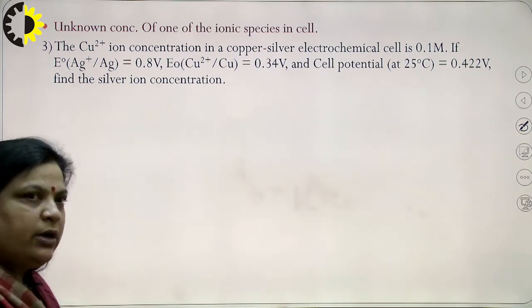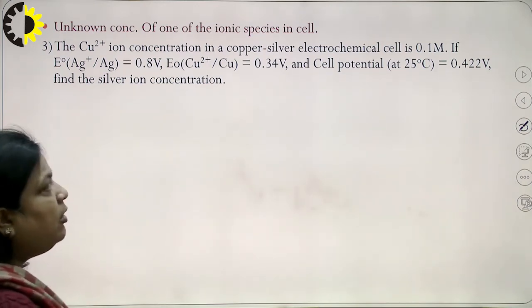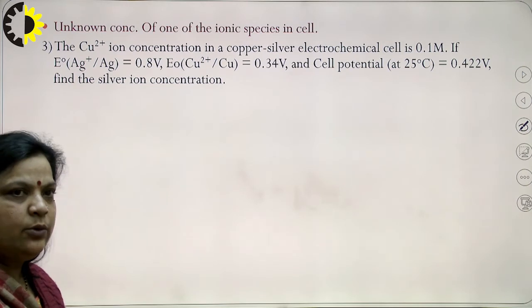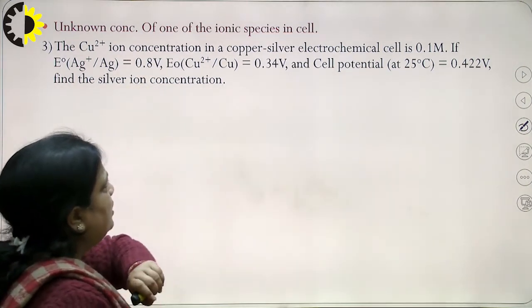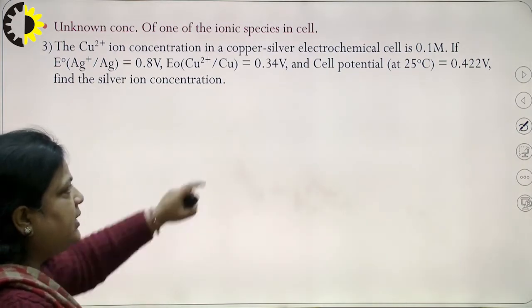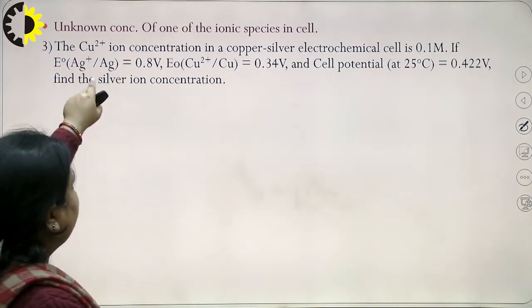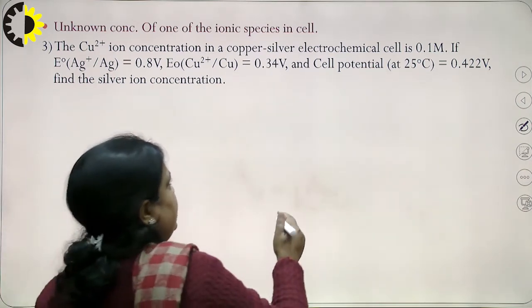Now, here the cell is not given. So, first we have to find which will act as anode and which will act as cathode. We compare the reduction potential of both, and since the reduction potential of silver is 0.8, which is more than 0.34, silver will act as a cathode and copper will act as an anode. So, what will be the reaction?